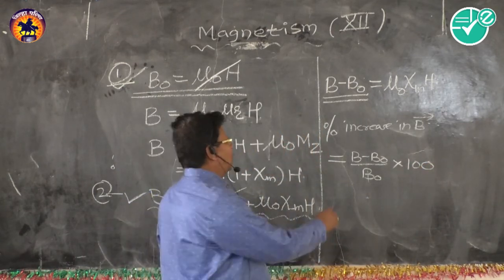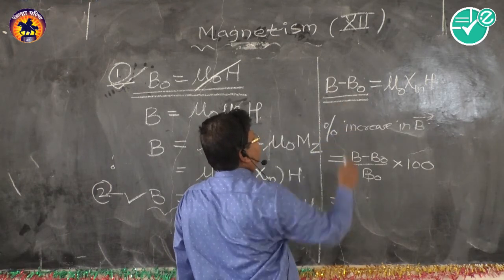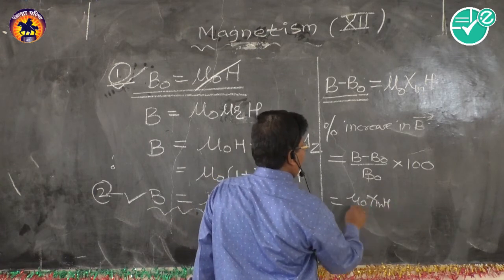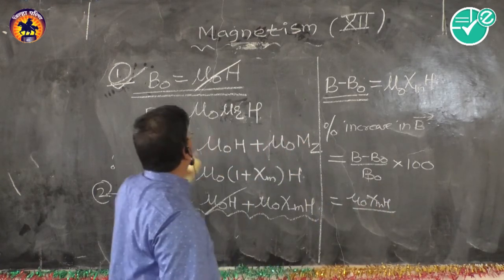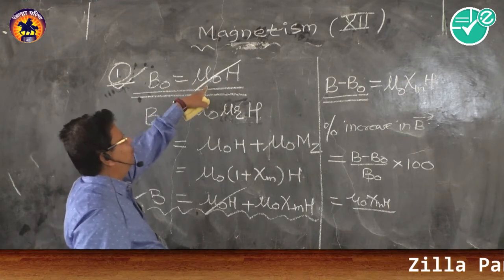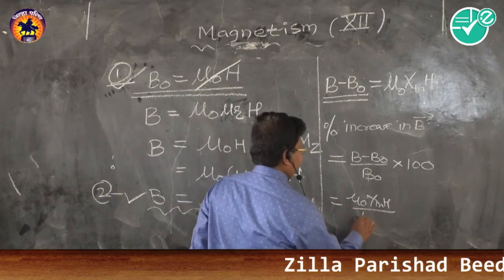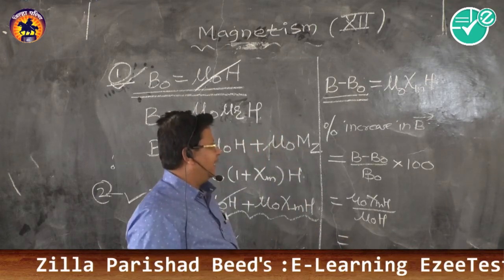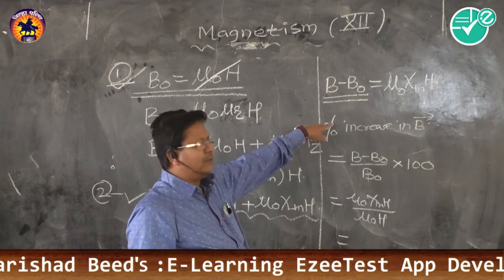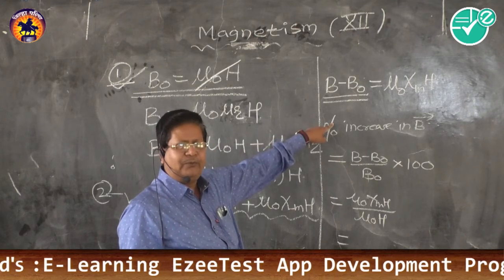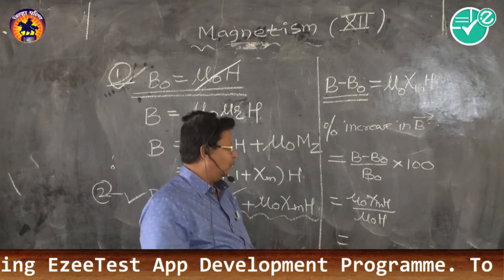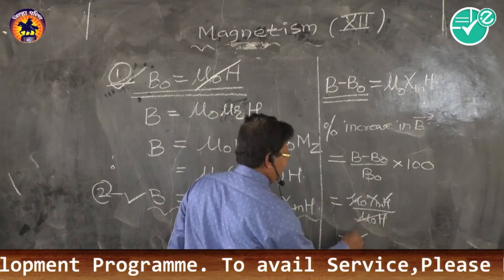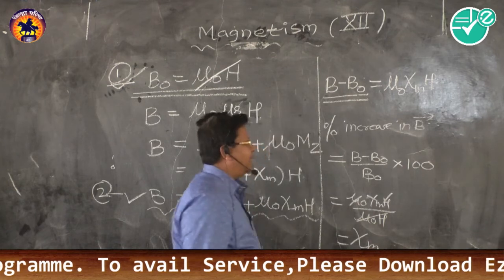And therefore we write here B minus B0 is mu 0 chi m into H divided by the value of B0, which is B0 equal to mu 0 into H. And therefore we get the percentage increase in magnetic field, in which this mu 0 H cancels with this mu 0 H, remaining is chi m.